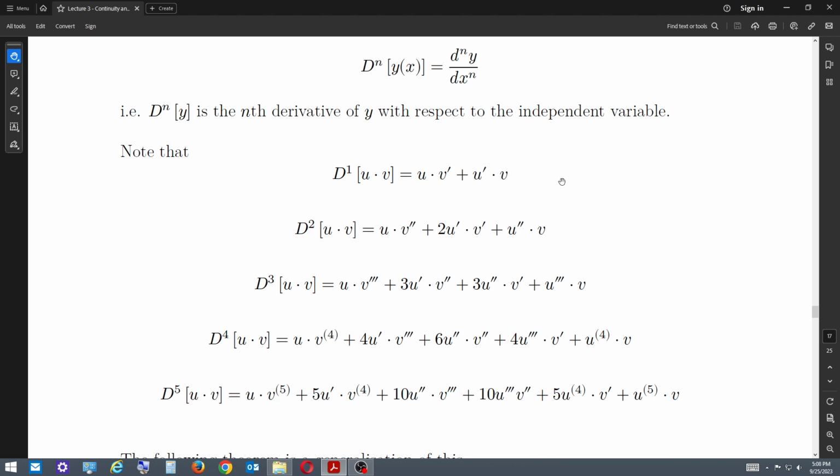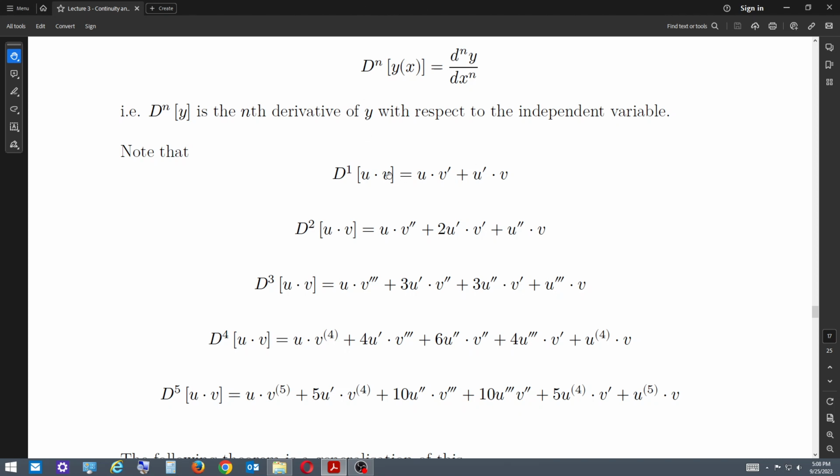Okay, so why do we need to use Leibniz's formula? As we discussed in the last class, if I want to get a high order derivative, let's say second, third, fourth derivative, etc., what I could do is start from the original function. In this case, I'm looking at a product uv, and I could differentiate that as many times as I need.